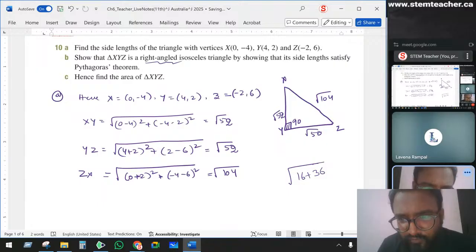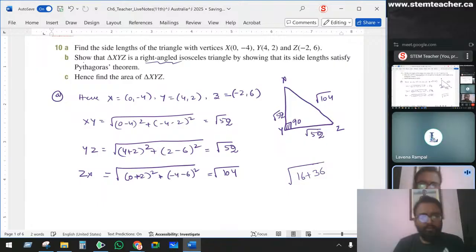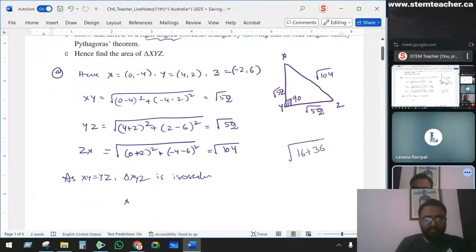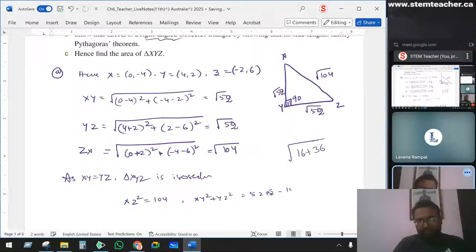Okay. So as XY equals YZ, triangle XYZ is an isosceles triangle. And XZ whole square is 104. XY square plus YZ square is 52 plus 52, which is 104, equal to XZ square.